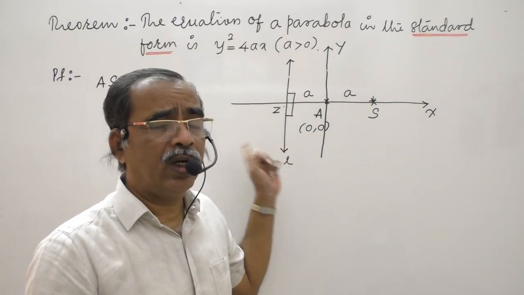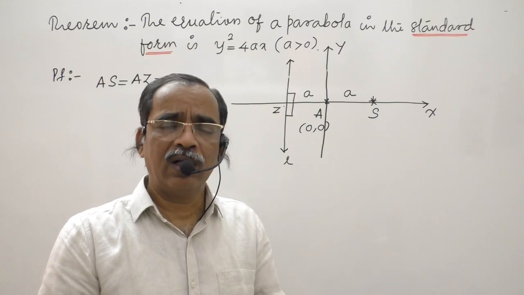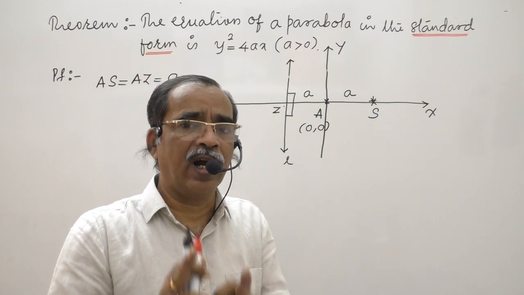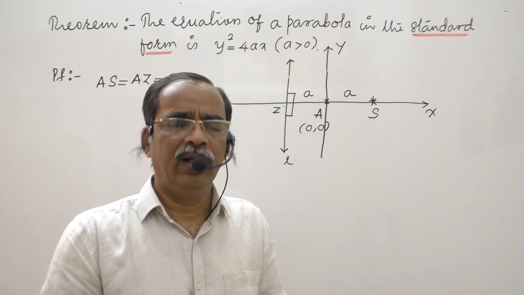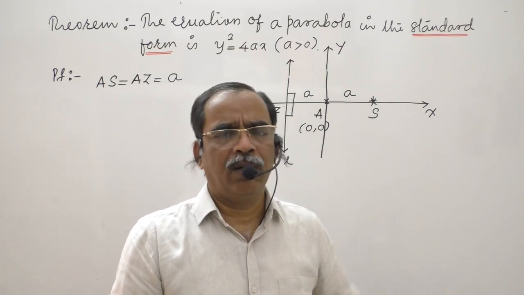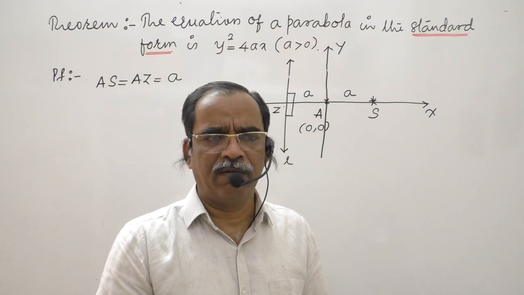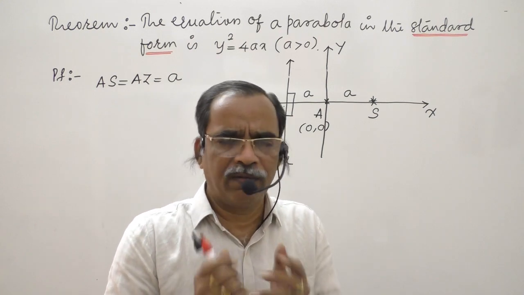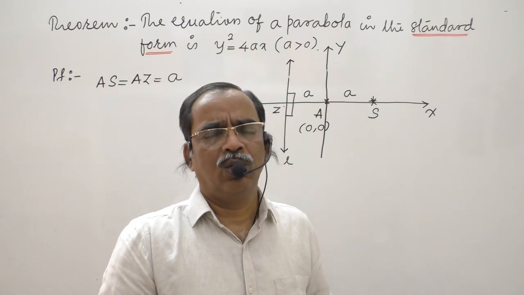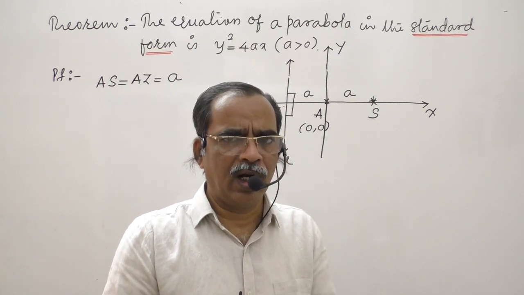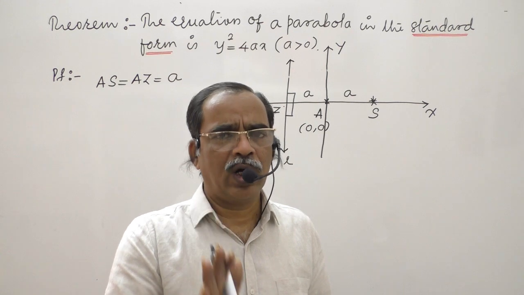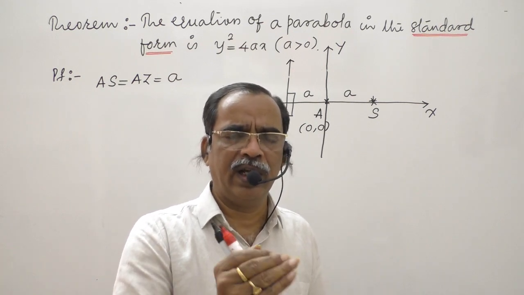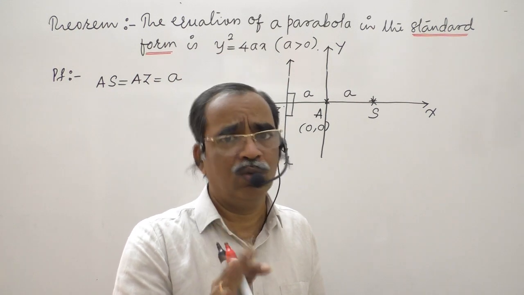Why am I doing all this? Because we have to obtain the parabola in the standard form. We are in the beginning of the chapter, we know only the definition. According to the definition, a parabola is the locus of a point P satisfying the condition SP by PM equal to 1.